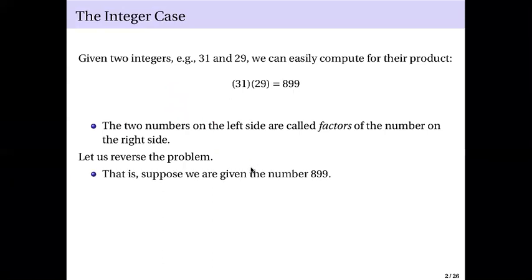Suppose you are given the number 899. So the problem is, can you find the factors of 899 such that when you multiply them, you get 899, of course. Find two numbers whose product is 899.